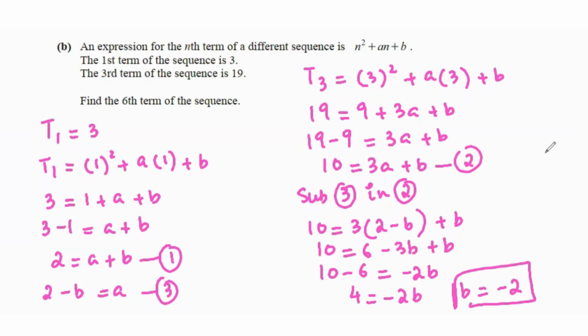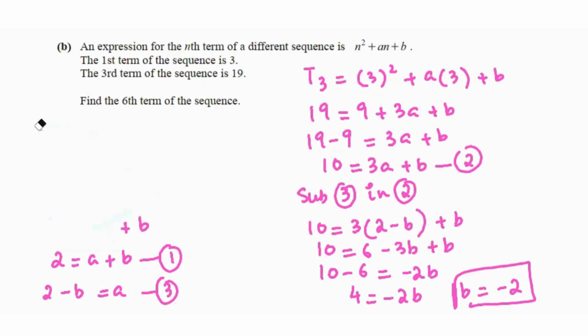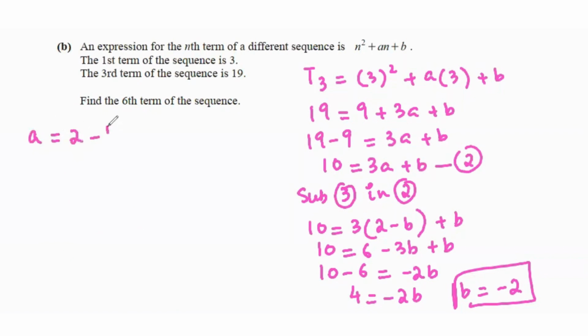So if b is negative 2, a was 2 minus b. So a is going to be 2 minus negative 2, and that is 4.